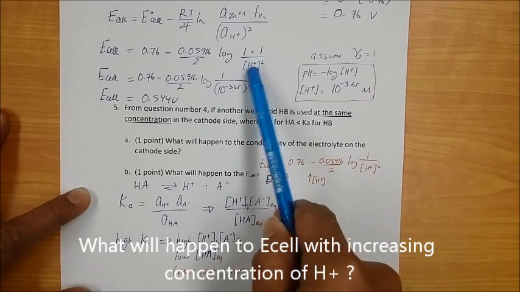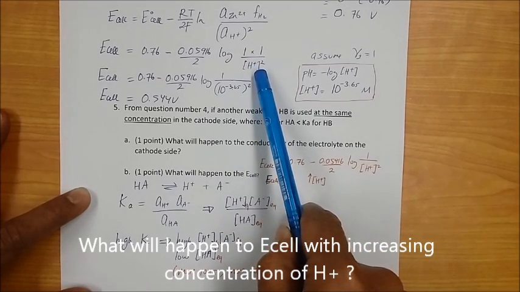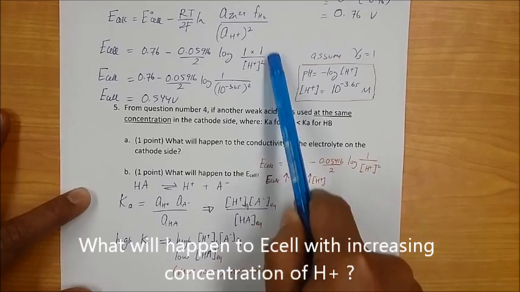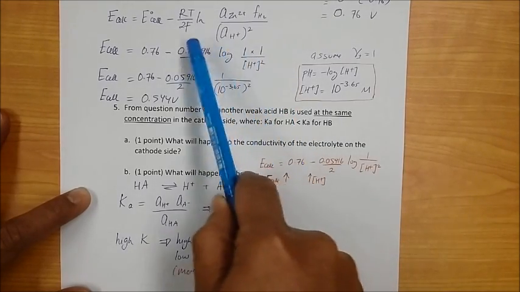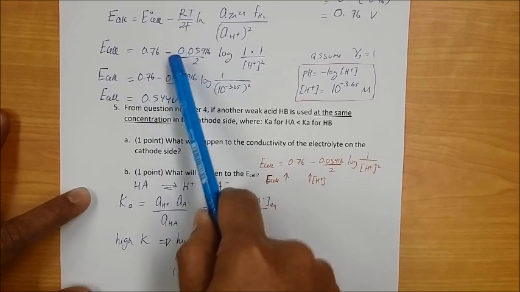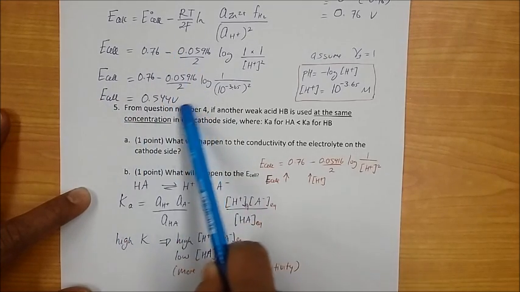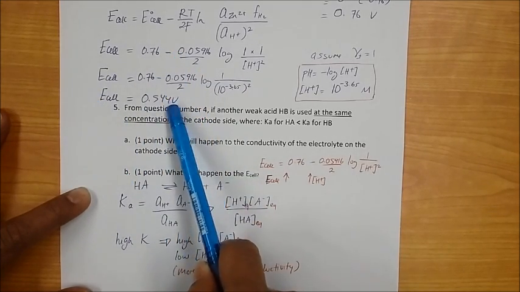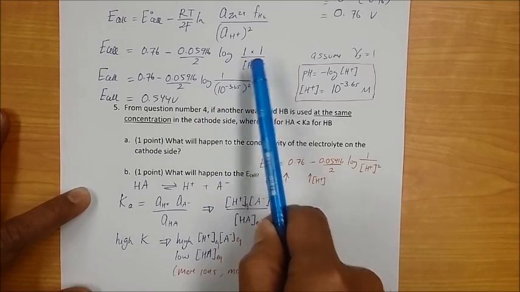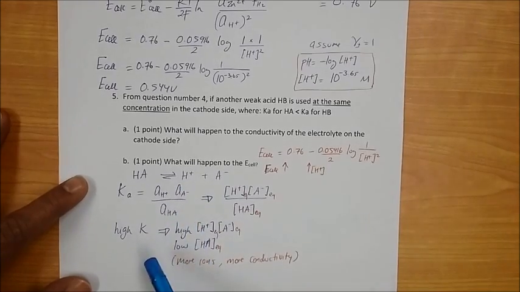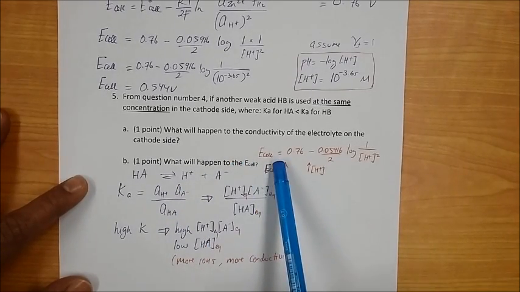So if this term is higher, right, then the log term will be lower or more negative, and negative times negative will be positive. So the net result to the E cell would be positive because this term is higher, right? So the potential will increase, right?